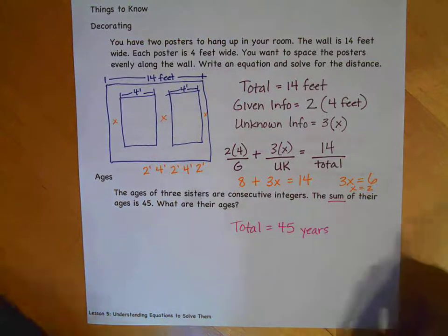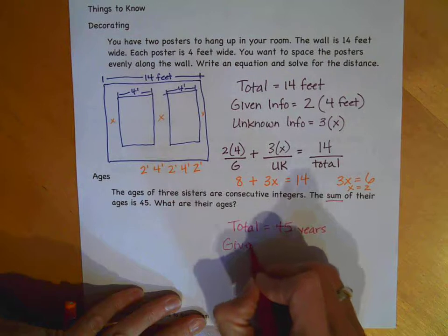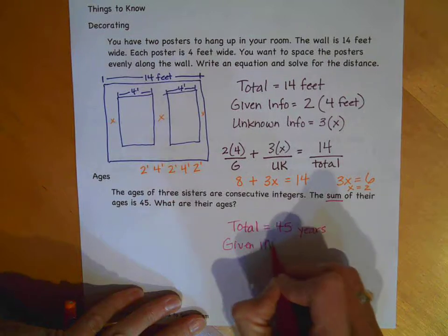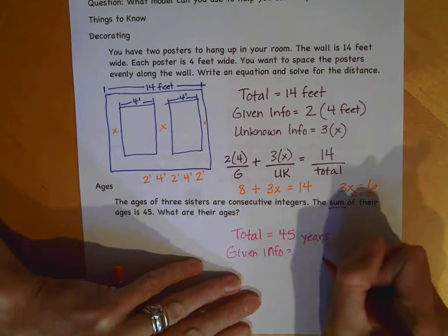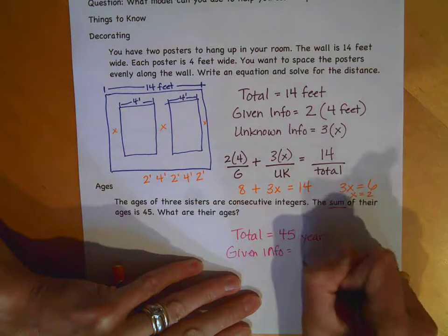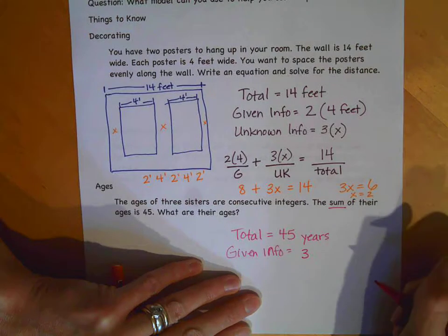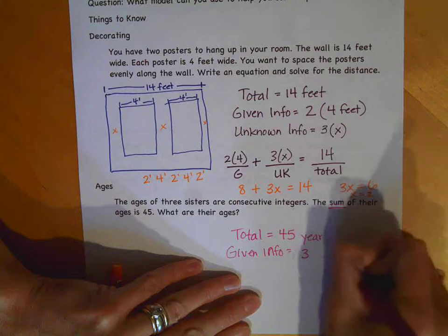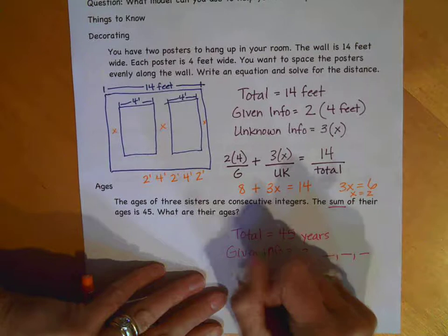If you add them all together, the sum of their ages is 45. So the total is 45. The given info this time, I would say the only thing that they gave us was that there are 3 sisters, so 3, and consecutive, so that means right after the other. So 3 sisters and their ages are right after each other.